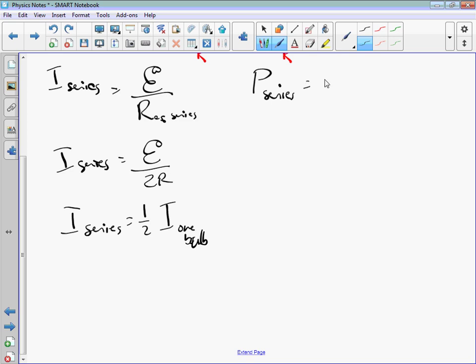is equal to our current squared in series times our equivalent resistance in series. Instead of putting in the current in series, since I want to take this back to EMF and resistance, I'm going to take this: EMF over my equivalent resistance is equal to the current in series.